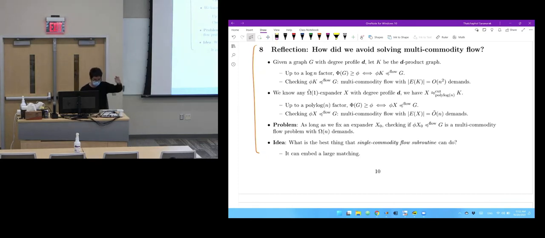We see from the first half of the course that when you have a graph with degree profile D, then the graph is a phi expander if and only if you can embed a D product graph into your graph, maybe after scaling by phi.